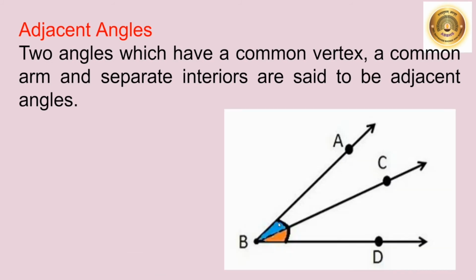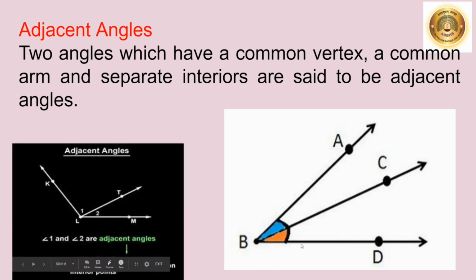Now in this figure, if you consider angle ABC and DBC, they have a common vertex and a common arm BC. But if you see, the interiors of these two angles are separate or different. So you can say that angle ABC and angle DBC are adjacent angles.